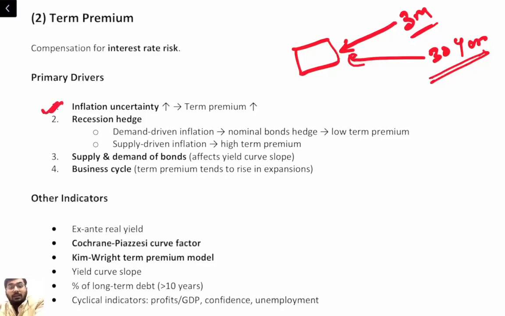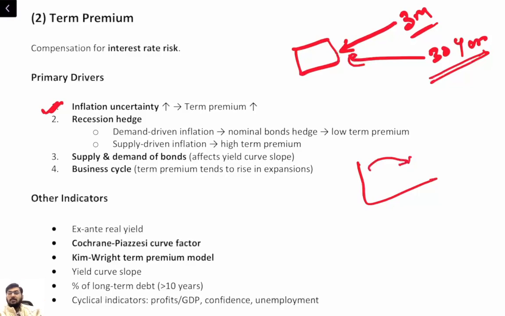Inflation might go up, interest rates may change. Clear? The economy may shift. Earlier your economy was in a boom, but now it is in a recession. Clear? So if I lock my money for 10, 20, 30 years, I want extra return, and this extra return is known as the term premium. Are you clear with this?